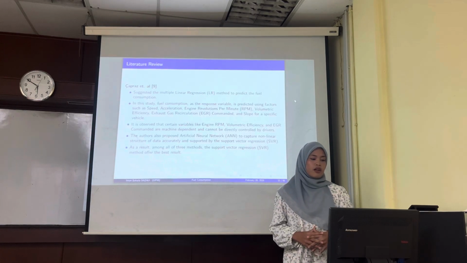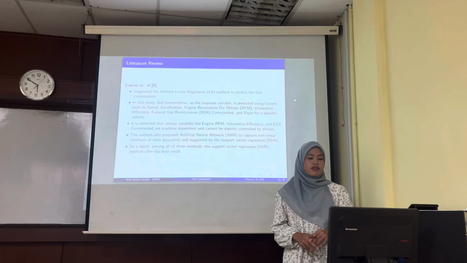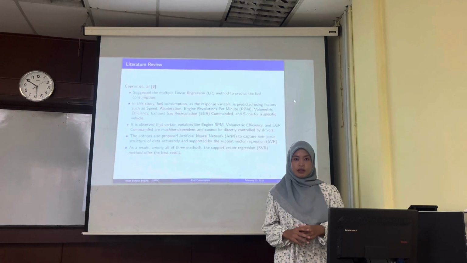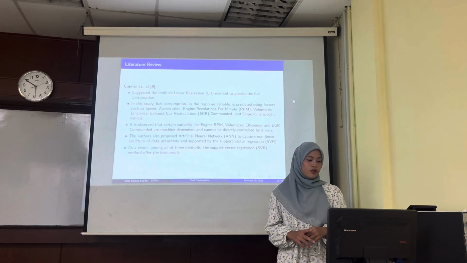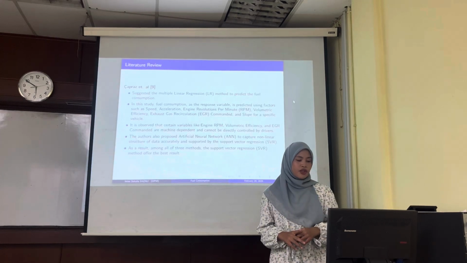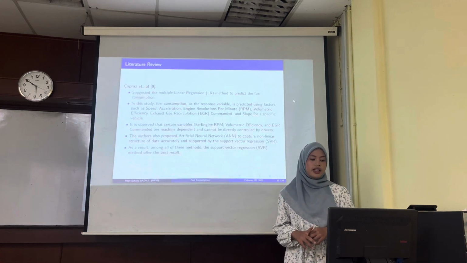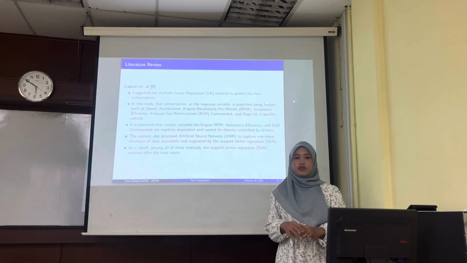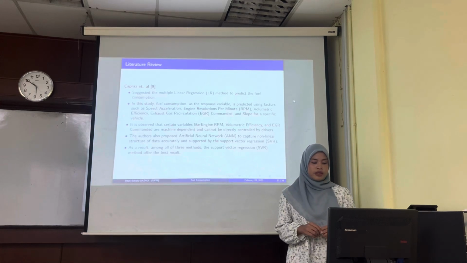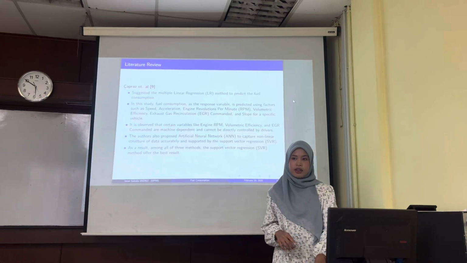Next, Kappers et al. suggested the multiple linear regression method to predict the fuel consumption, and also proposed artificial neural network to capture nonlinear structure of data accurately, supported by the support vector regression. As a result, among the three methods, the support vector regression method offers the best result.